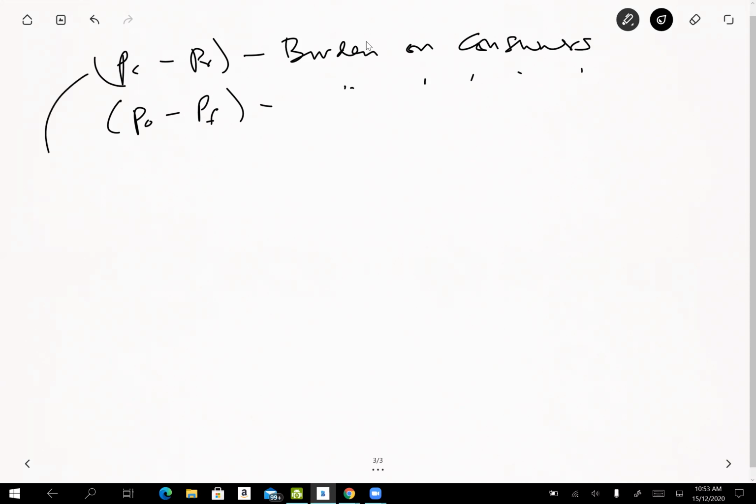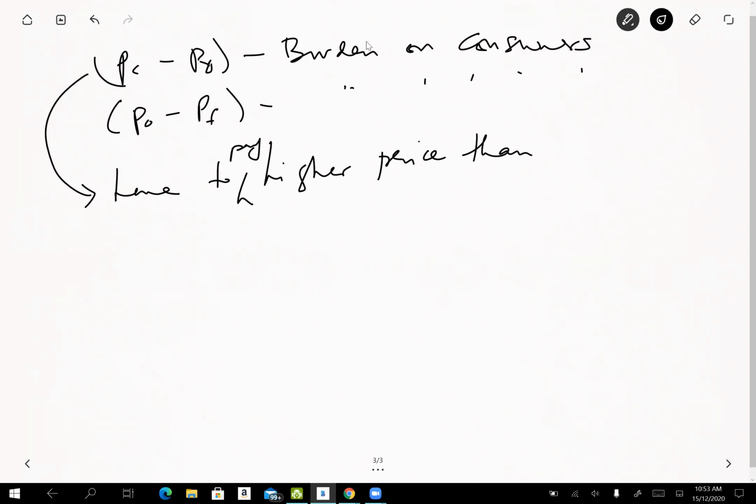Now, the burden on the consumers is due to what? It's due to, we have to pay a higher price than, okay, than before the tax.